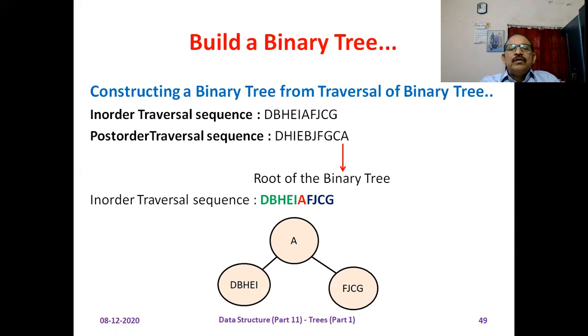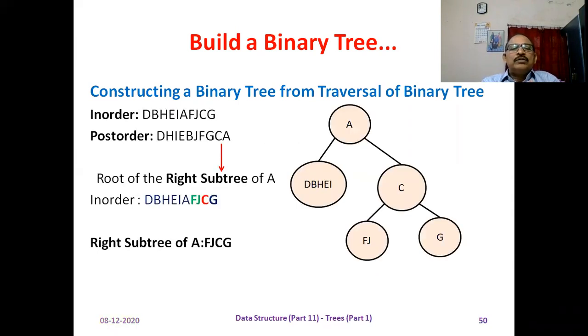Now, focus on the right subtree of A. For example, you can focus on the left subtree also. Suppose we focus on the right subtree of A. The nodes are F, J, C, G. Now move in the post-order traversal sequence from right to left.